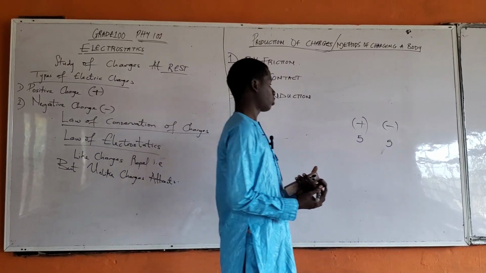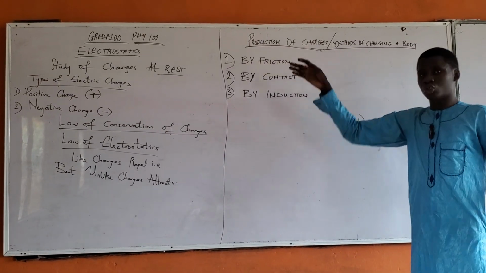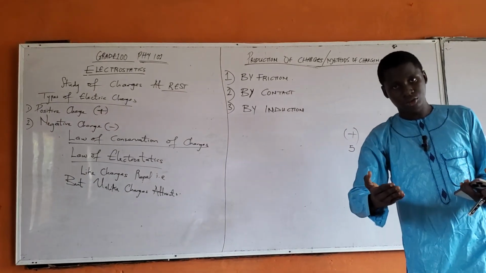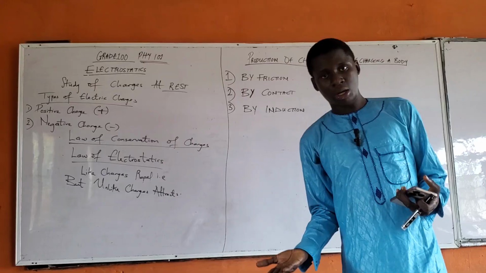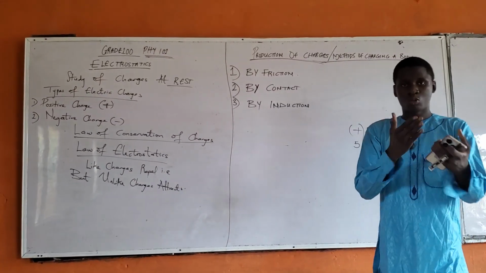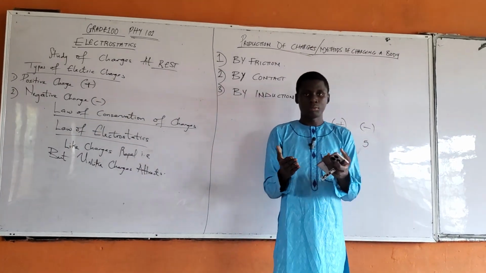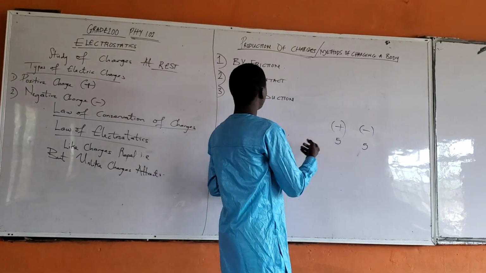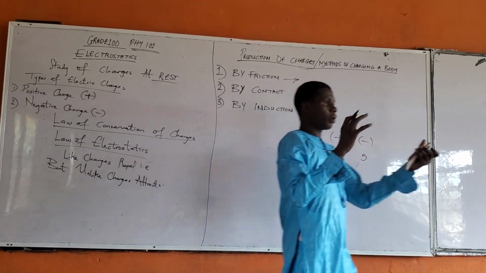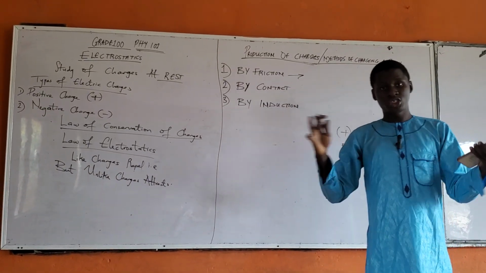But when we are talking of the method of charging by friction, it's just a way to rub the surface of a neutral body against the surface of another material, after which there will be a transfer of equal charges between the bodies. Then the two bodies will acquire different, opposite charges.